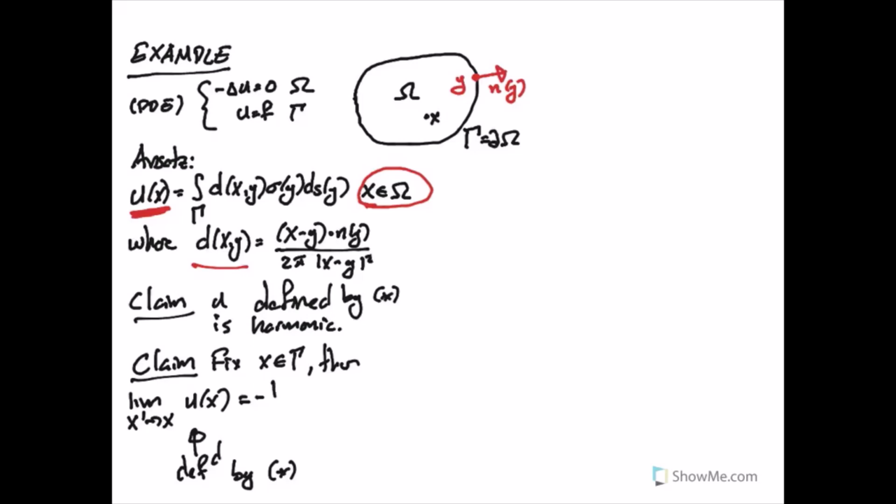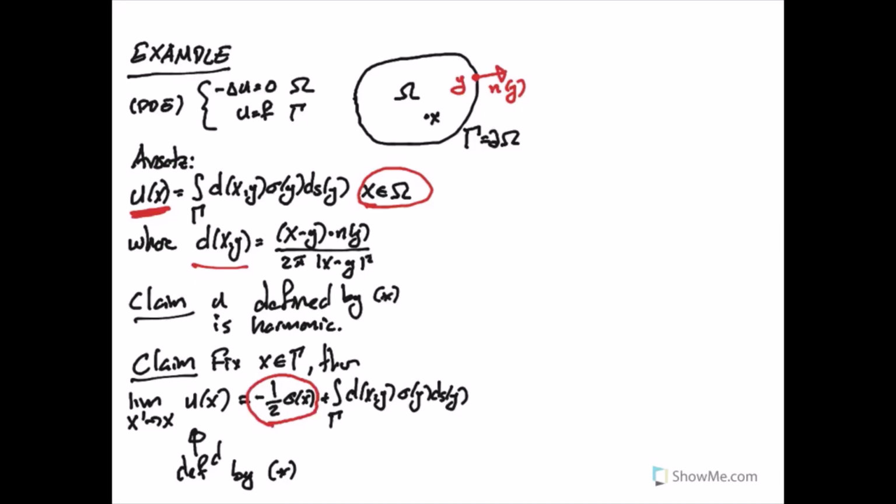Instead, you get the factor 1/2 of sigma of x plus the integral over gamma of d of x y sigma y d s of y. So the point here is that we now have this new term popping up, and this represents the jump.